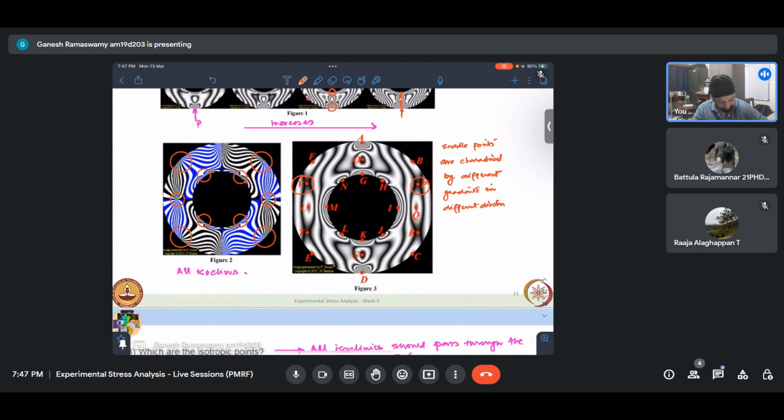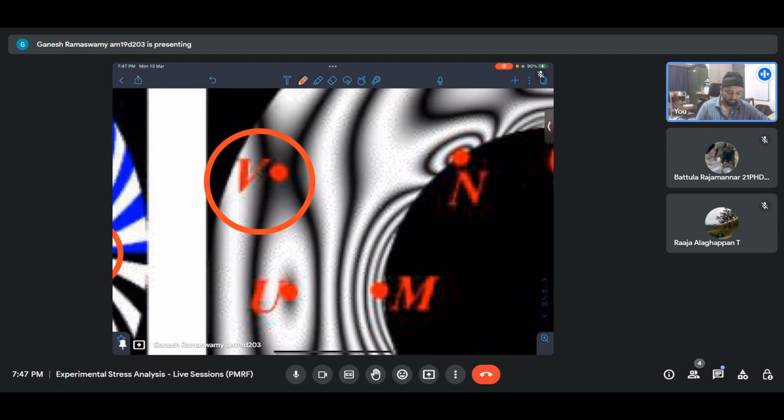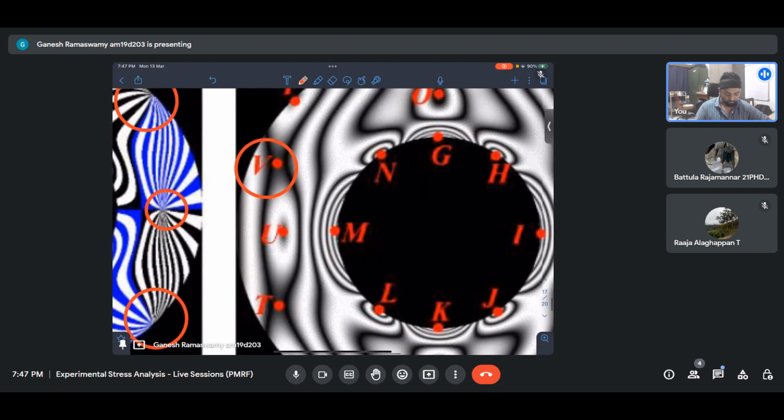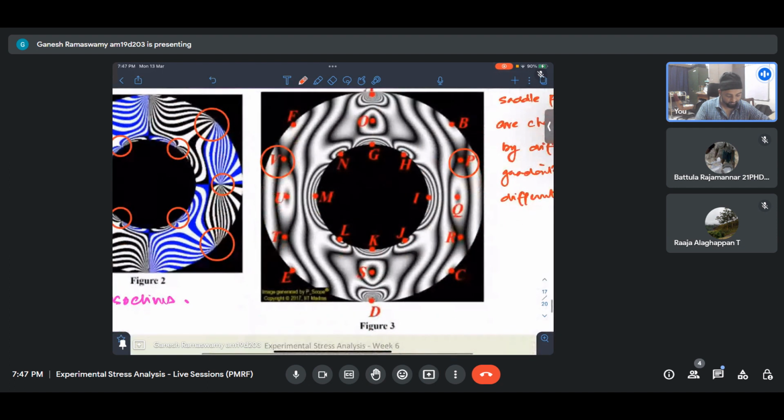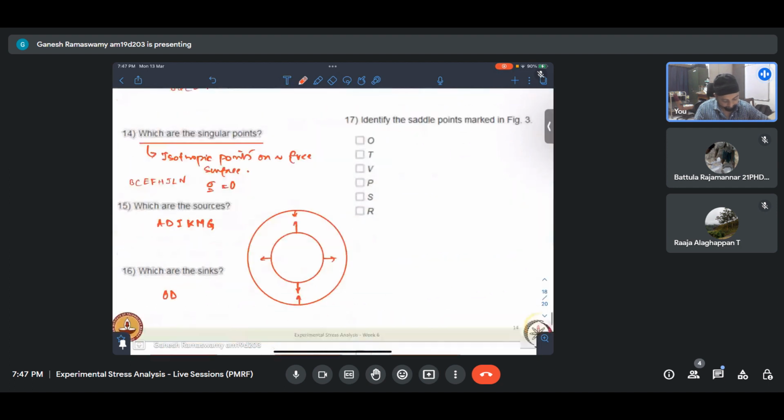If I were to take V, see these are the fringes that I see. Once I increase the load, this fringe would have moved here and this will become like this. So that is why V is a saddle point. I hope that you're able to appreciate it. So P, R, T and V are essentially the saddle points in this problem. P, R, T and V.